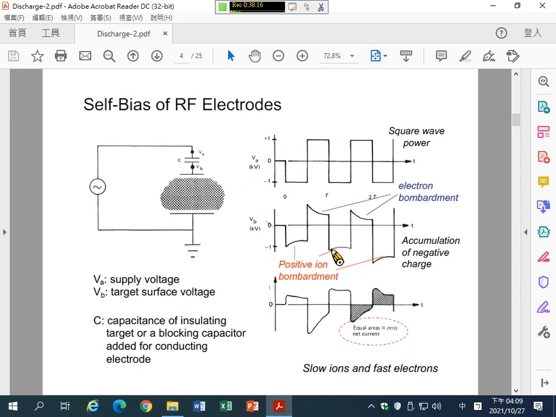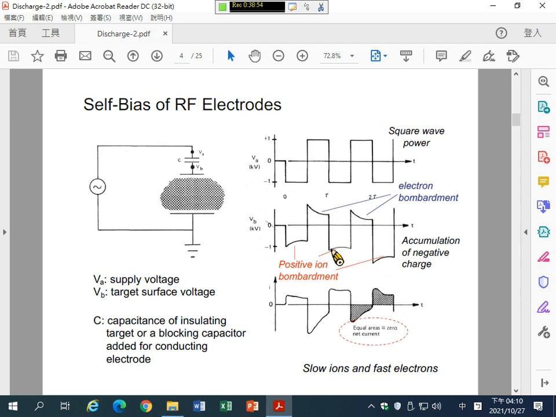But since the electrons in the plasma have a much larger velocity than ions, the neutralization rate in this half cycle is faster. So after a few cycles, eventually the top electrode becomes negatively charged, very highly negative, and the ground electrode stays at 0 volt.